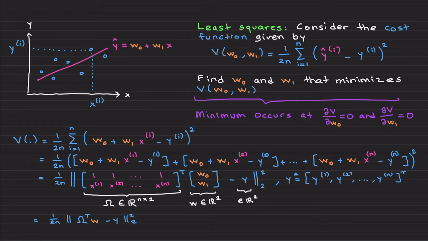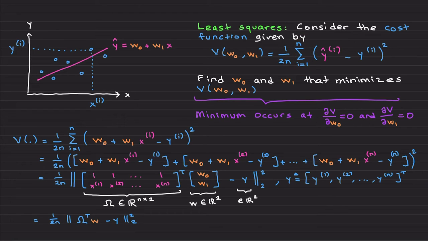Theoretically speaking, the minimum occurs when the change of V with respect to w0 and the change of V with respect to w1 equal 0. So when these partial derivatives equal 0, then we can find the minimum, or more precisely, the local minimum. We're going to talk about those. All right, so now, first of all, I would like to represent this cost function without using this summation term.